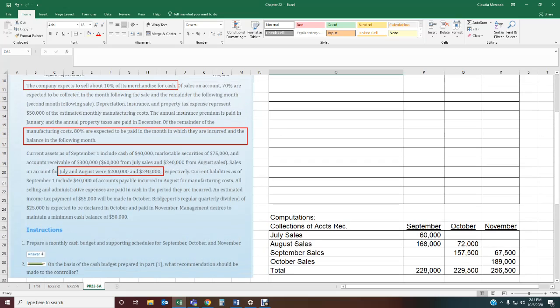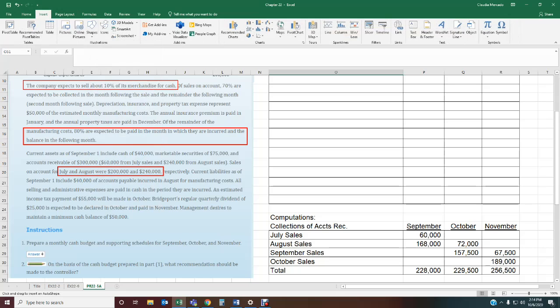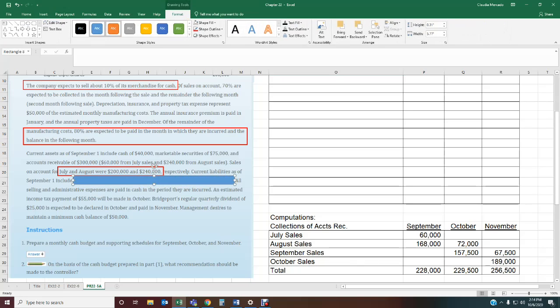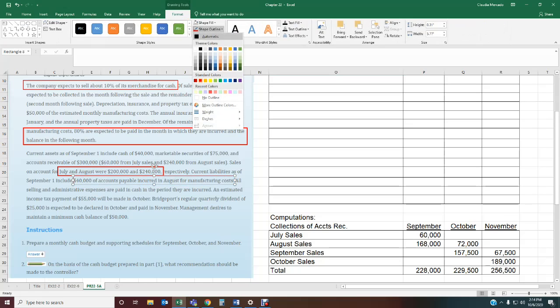Additionally, it says current liabilities as of September 1st include $40,000 of accounts payable incurred in August for manufacturing costs.